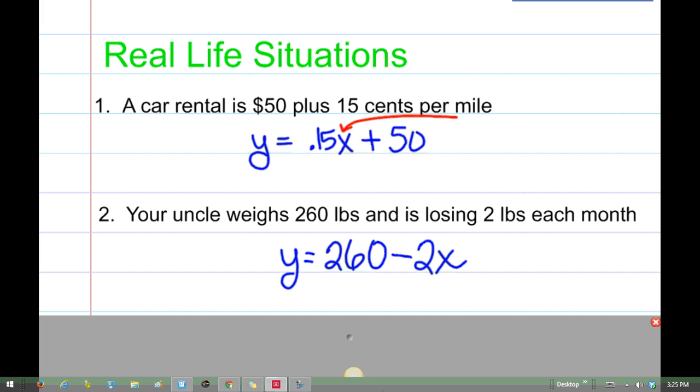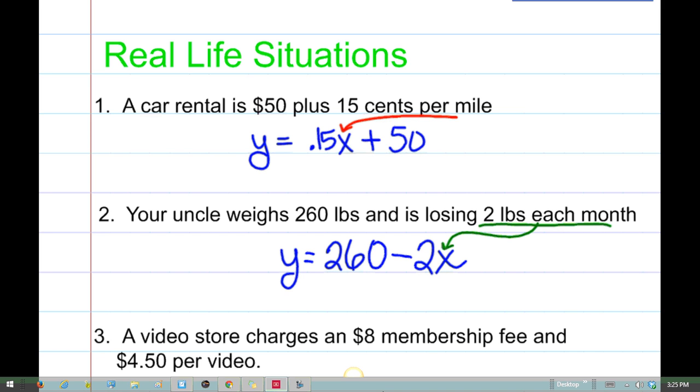So how much he loses depends on how many months we're talking about. Now, if I wanted to write this equation in slope-intercept form, I would just move the pieces so that the x comes next and the 260 is at the end. Why is it plus 260? Because this was a positive 260.